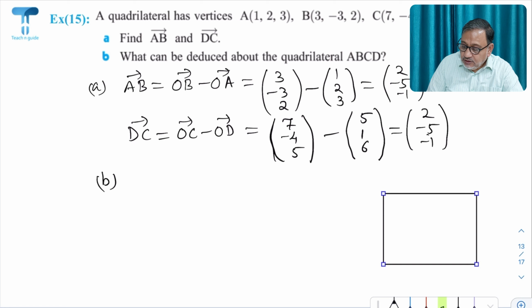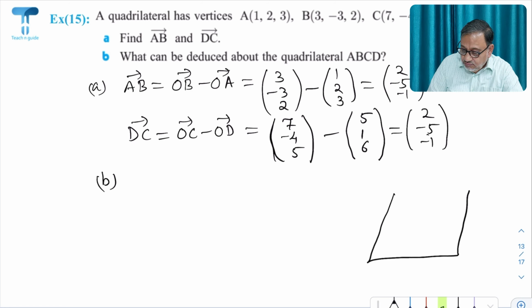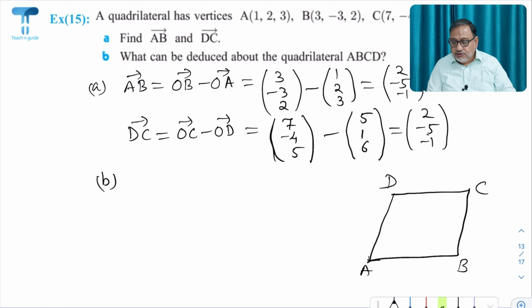Yeah, so actually it is not a rectangle. Anyway, this is the one, A, B, C, D, ignoring their actual positions. So we are ignoring that. Now AB we got here and DC is this.